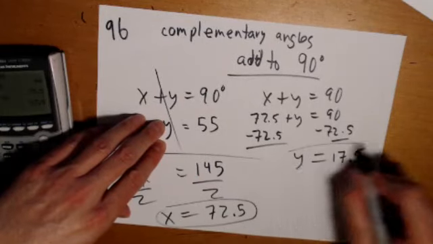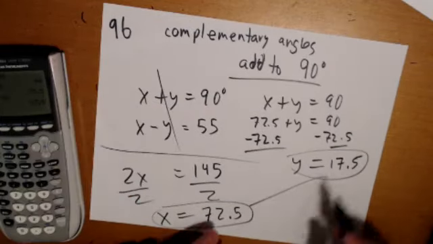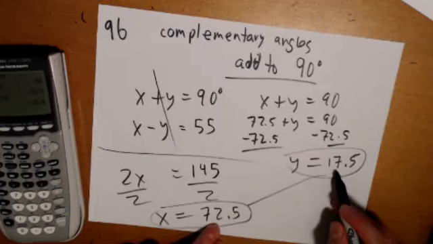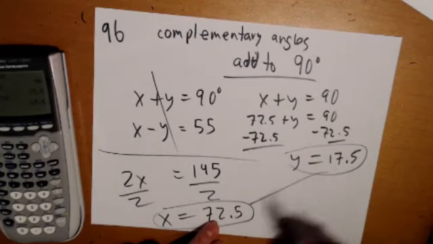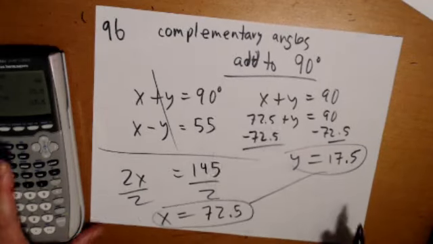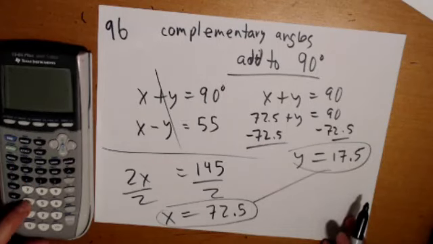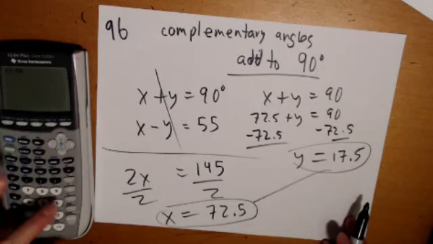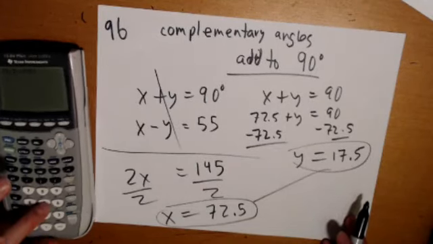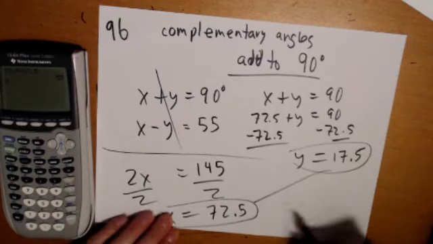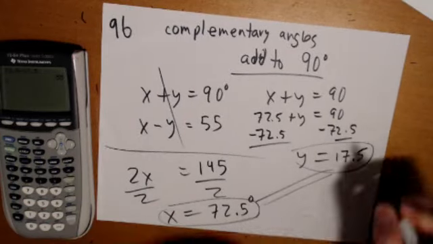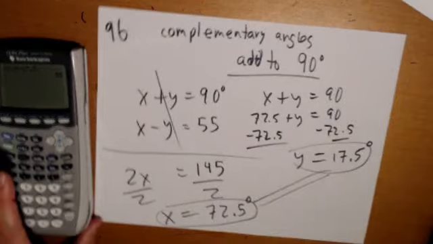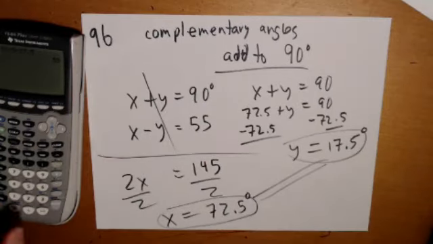Okay, so if I add those two together, they give me 90 because they are complementary. And if I subtract them, it should give me 55. I'm just going to double check that. 72.5 minus 17.5 equals 55. Okay, so these are the two angles. Maybe a little degree symbol. Whew. Okay, so that one worked out.